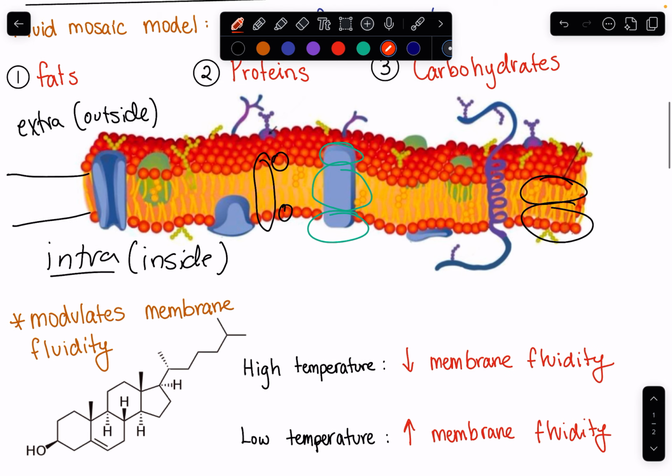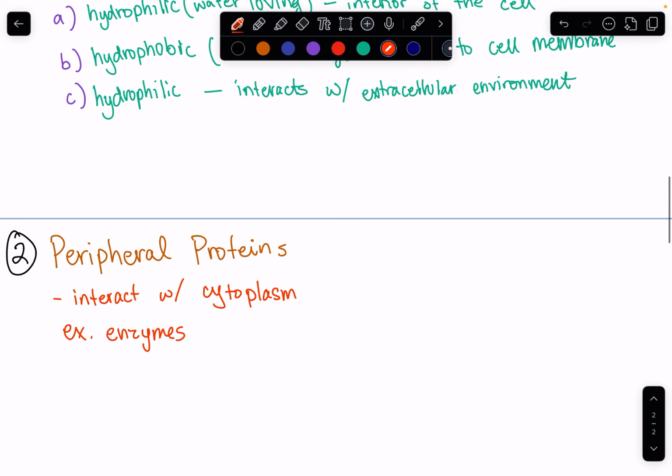Well, let's look at the picture. We have the cytoplasm found on the inside of the cell, and so our peripheral proteins are going to be found on the side that interacts with the cytoplasm.